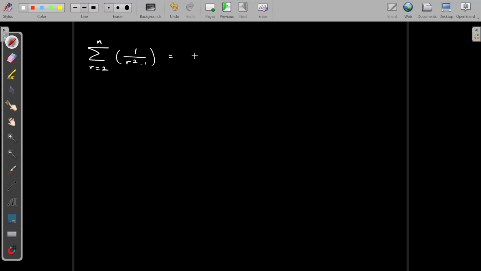And we're told that this is equal to 3 over 4 minus a half, and then they asked, is this series convergent?